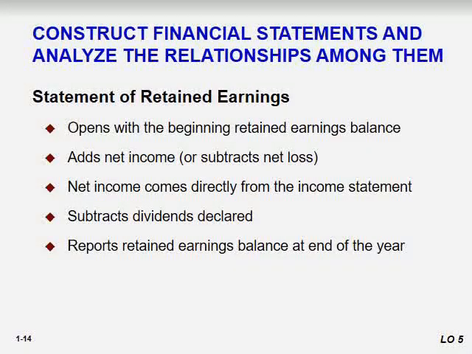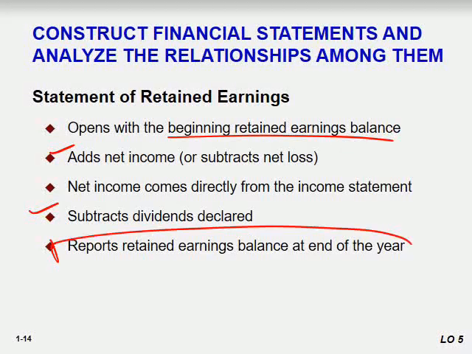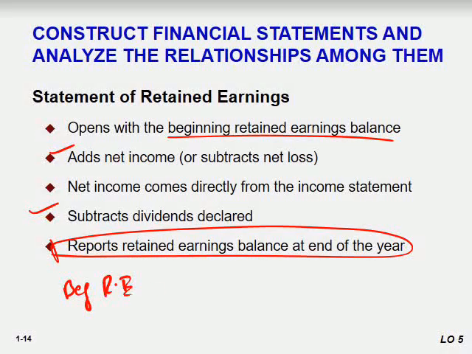The statement of retained earnings opens with the beginning retained earnings, and then it adds the net income, and then subtracts the dividends, and you'll find the ending retained earnings. Simply, beginning retained earnings plus the net income. If it is income, it is plus. If it is a loss, then we say net loss, right?